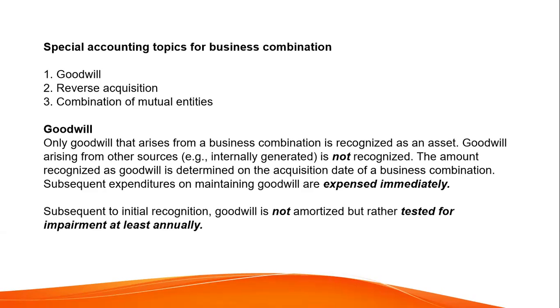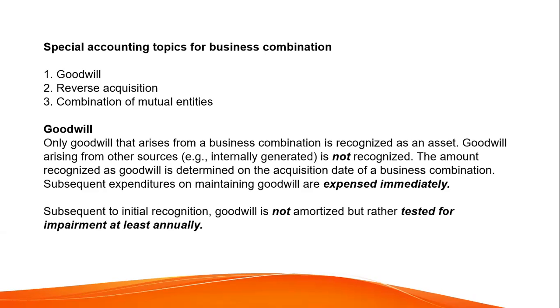So in that case, in the general formula, your total consideration transferred should exceed the market value of net assets for goodwill to exist. However, if you have the reverse, then there is no goodwill, but there is gain on bargain purchase.